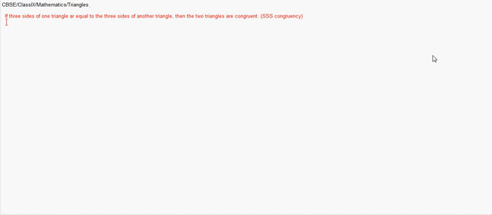Another one, which is the last one, I think it's left, is the RHS congruency rule.